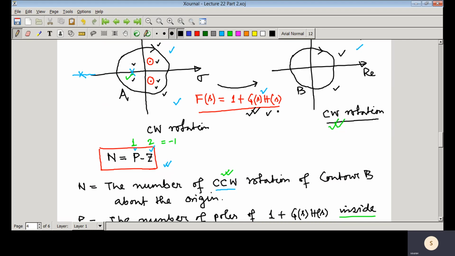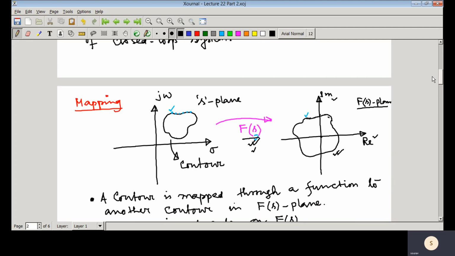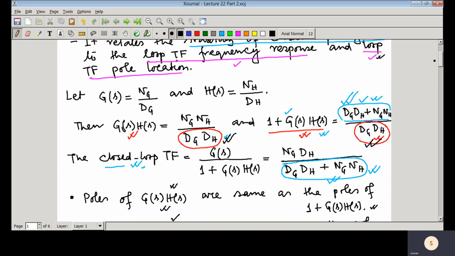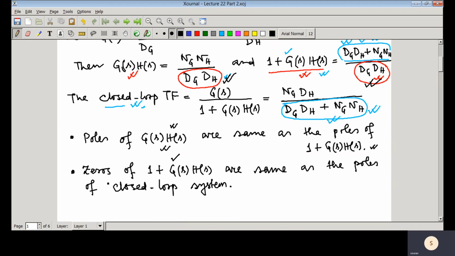Because if it encircles any zeros of 1 plus g of s h of s, as we discussed at the very beginning, the zeros of 1 plus g of s h of s are nothing but the poles of the closed loop system. So if the contour encloses any zeros of 1 plus g of s h of s, then the system would be unstable.